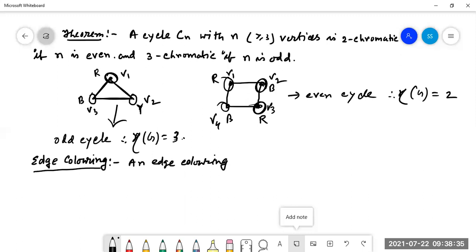An edge coloring of a graph G is a proper coloring of its edges.